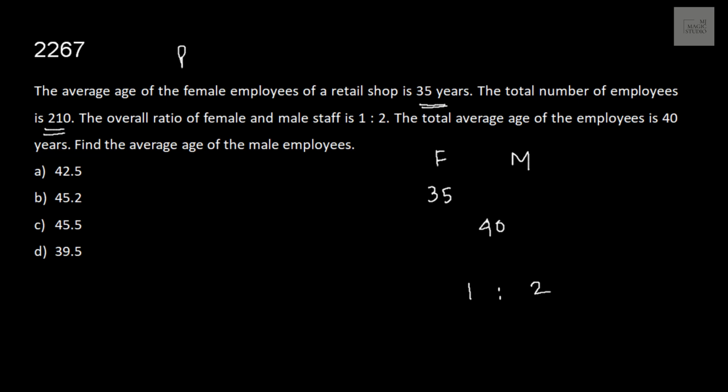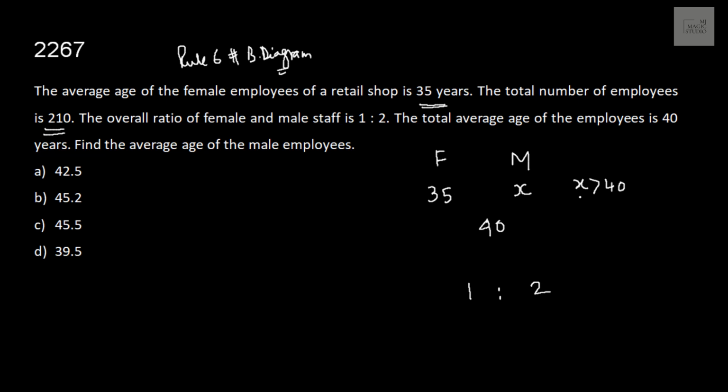I'll use my Rule 6 jungle rule butterfly diagram to solve this easily. Let the average age of male employees be X. Since the average of 35 and X is 40, and 40 is greater than 35, that means X should be greater than 40.